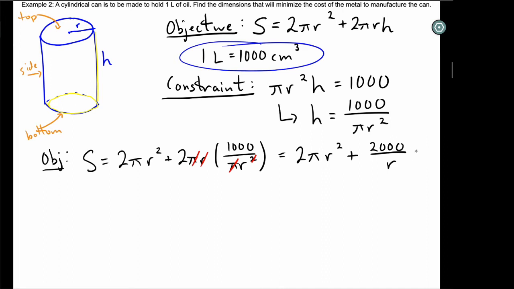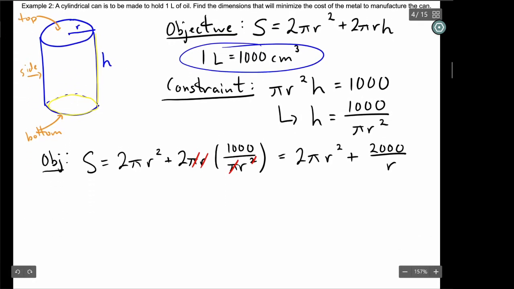But this function will never equal 0, because of this 2,000 over r. It can be negative, and it is positive. It's not defined at r equals 0. So basically we just have to pick: do we want r less than 0 or r bigger than 0? So here, we're going to say the feasible domain is just r is greater than 0. That's all we can say.